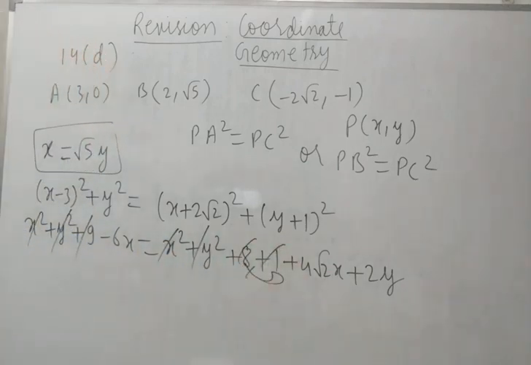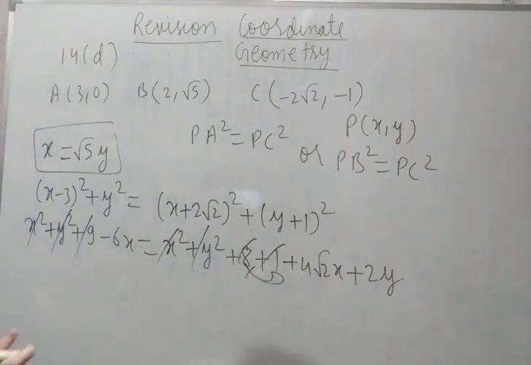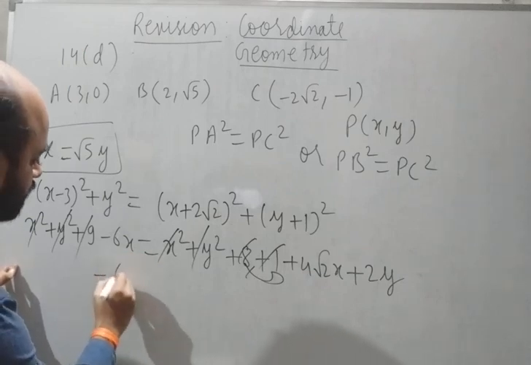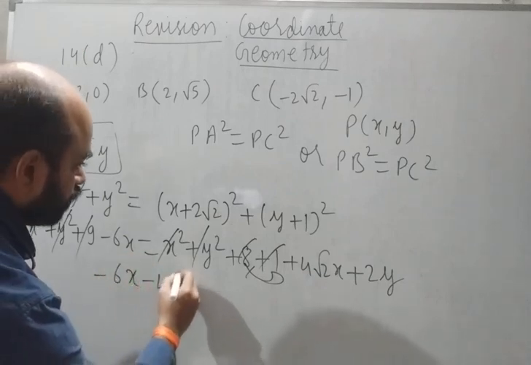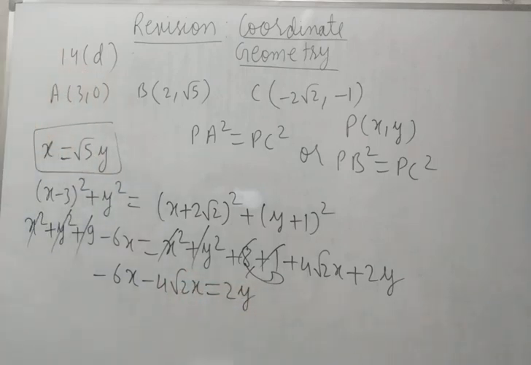So x square plus y square plus 9 cancelled, 8 plus 1, 9 cancelled. Okay. So what is left? Finally we are having minus 6x minus 4 root 2x is equal to 2y. Correct?